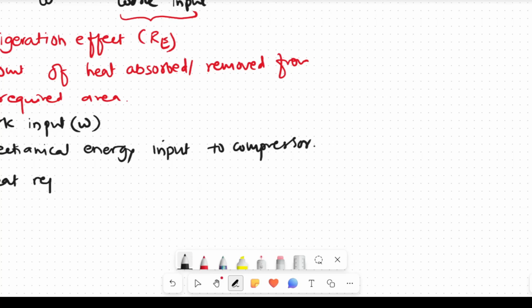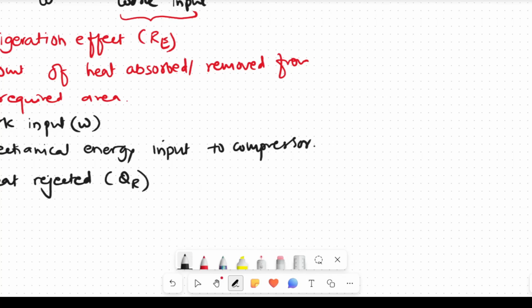Now, there is one more term which is called the heat rejected. Heat rejected is always shown by QR. Now, what is this heat rejected? It is the heat rejected or expelled to the surroundings during the process of condensation.